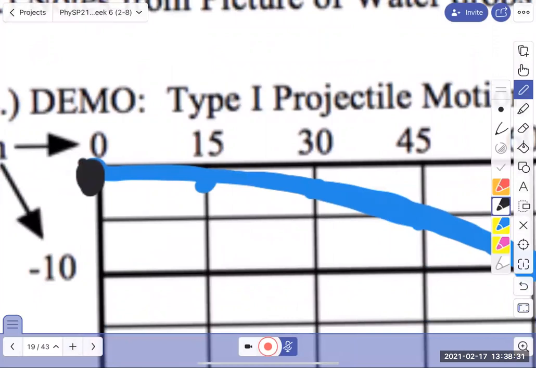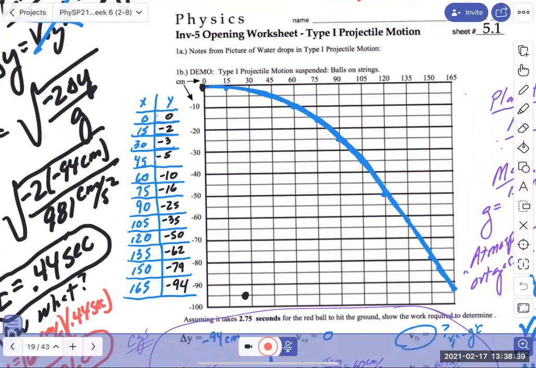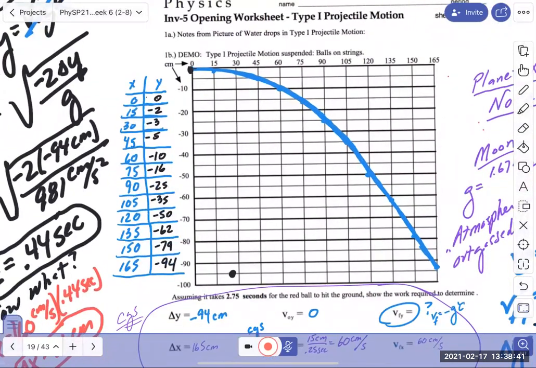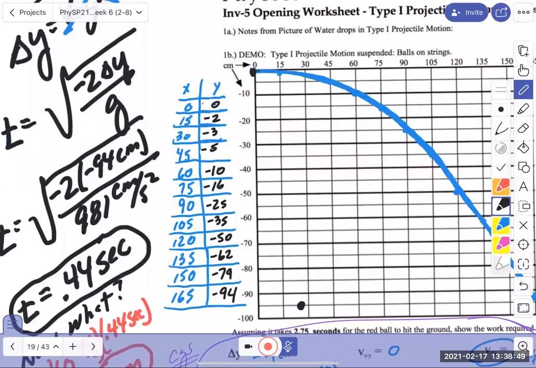And then it's got to end up steep. We could figure out what the tangent line would be down here by finding the final velocity, but I'm not going to do that. I'm just going to say, okay, it's steep, something along these lines. So that's what the path would look like on Earth.